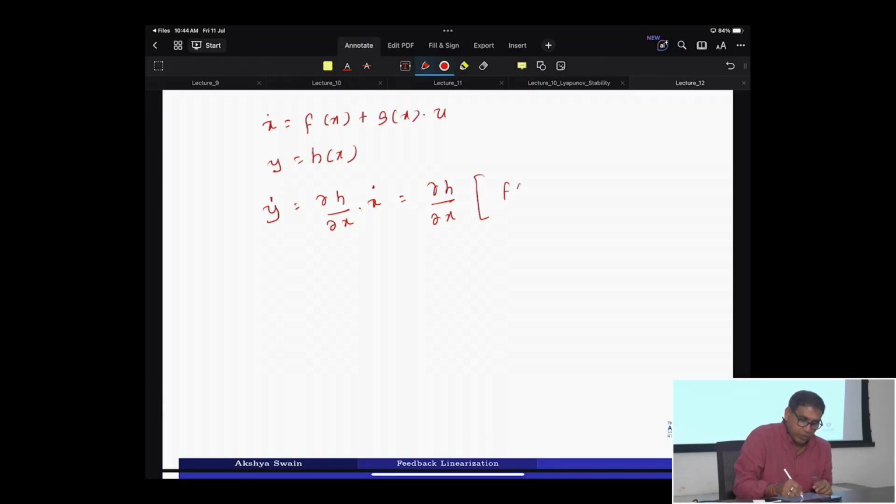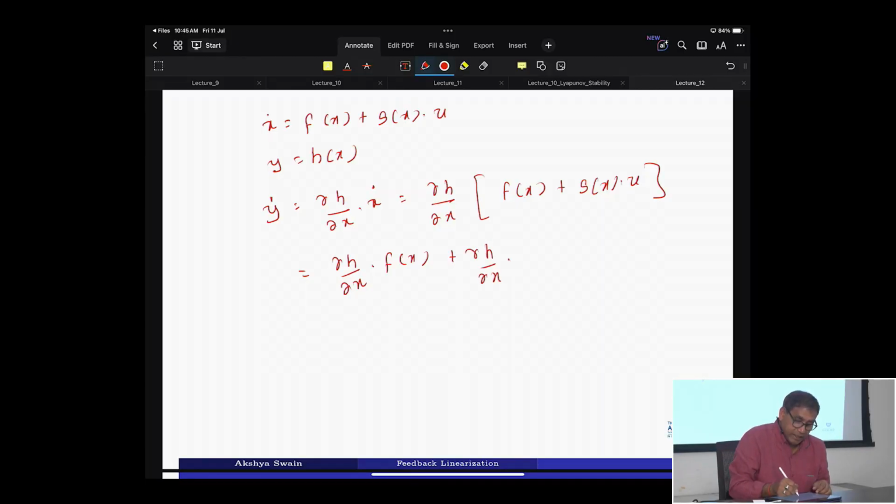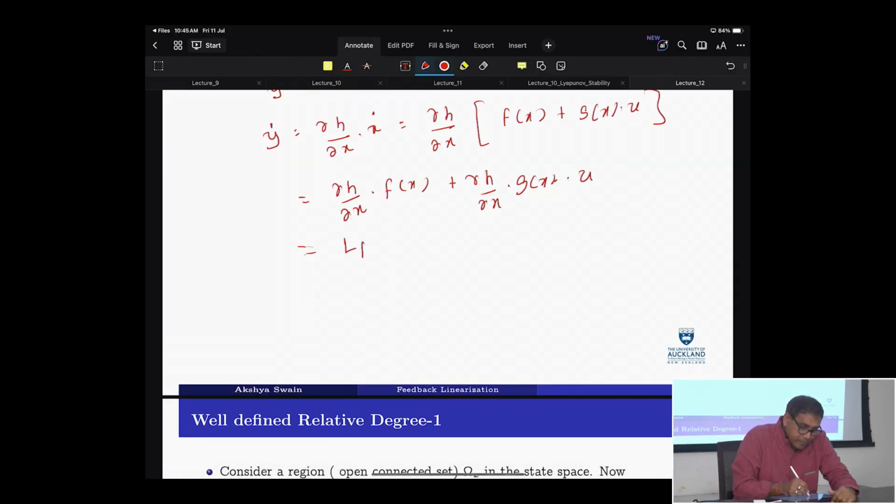This much of derivation I will do, otherwise you cannot understand. That is equal to del h over del x into f(x) plus del h over del x into g(x) into u, right? Del h over del x in the direction of f is equal to L_f h. Del h over del x in the direction of g is L_g h into u, right? That is equal to y dot.